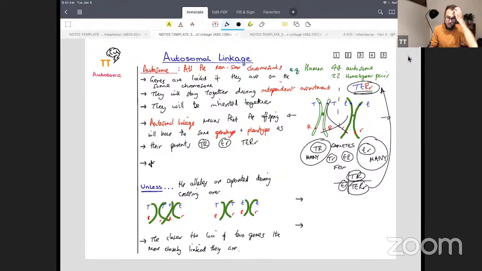And again, we can say the majority of the offspring will have the same genotype and phenotype as the parents. I'm really struggling to write, man.